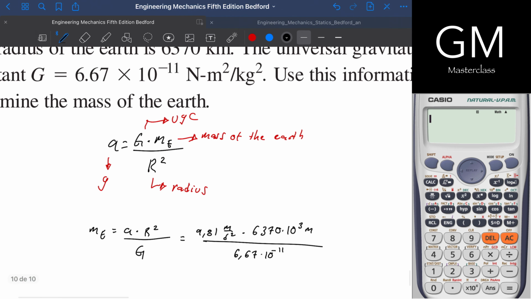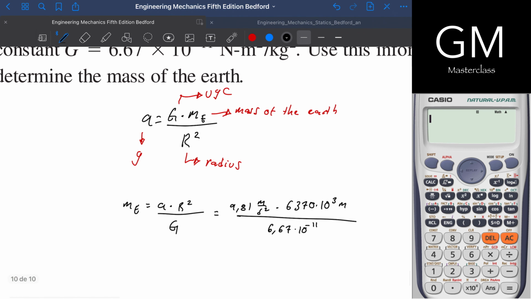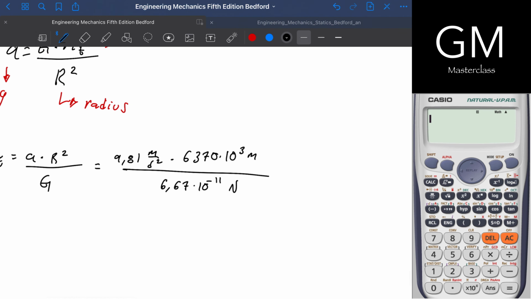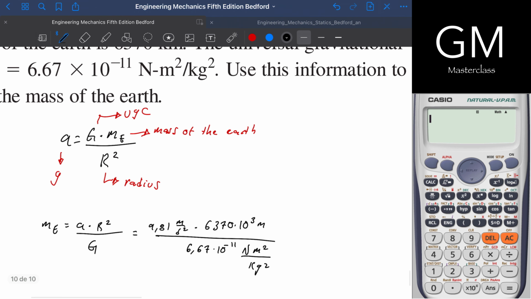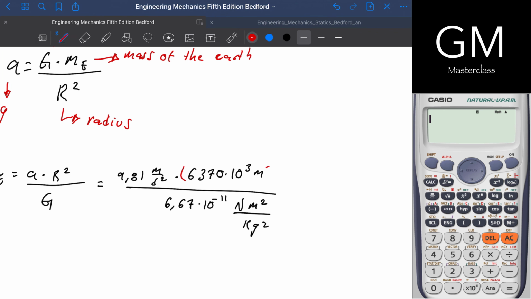Am I writing that correctly? Yeah, it is right. Newton meters to the second power divided by kilograms to the second power. And let me put this to the second power because of the equation.